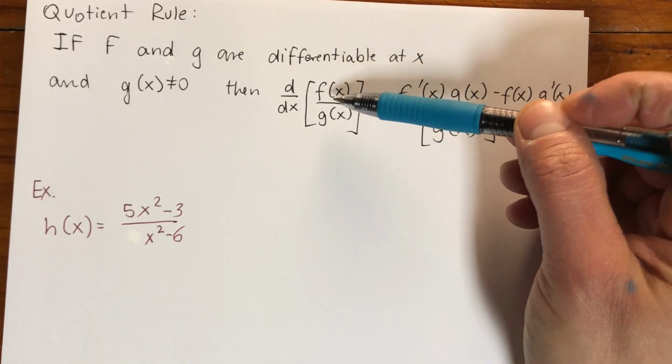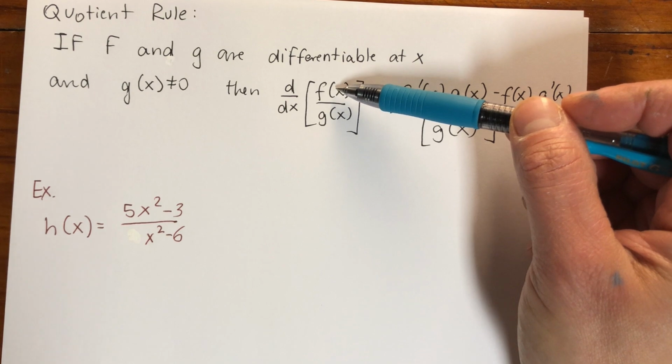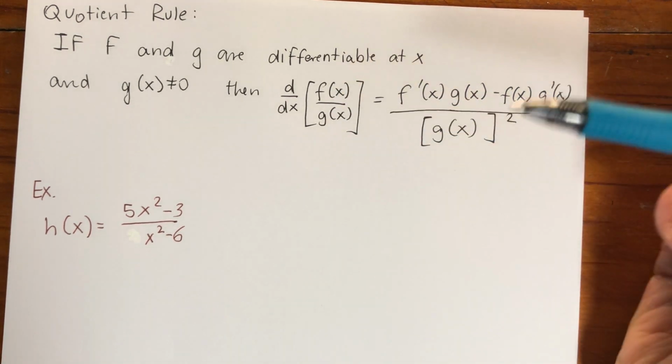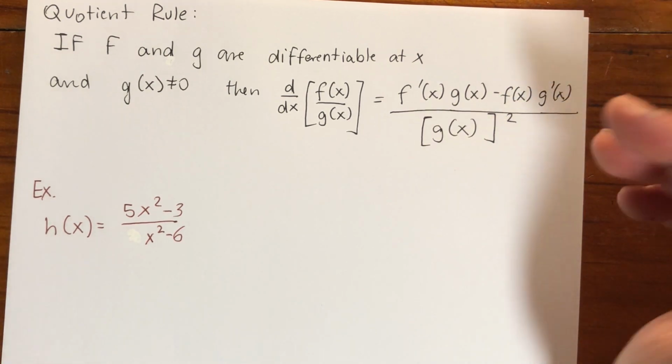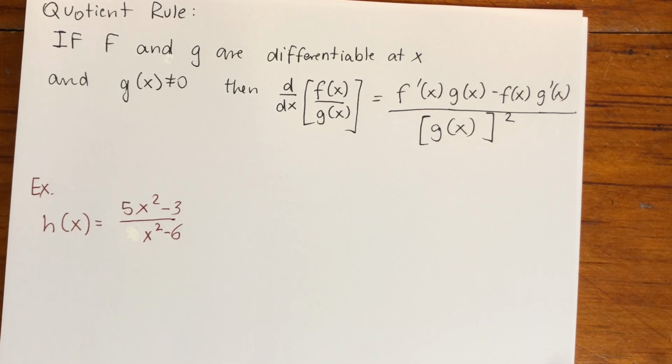So if we can write whatever our function is as a quotient of two functions, f of x and g of x, then we can find the derivative by applying the following formula. Notice they are fairly easy to remember.